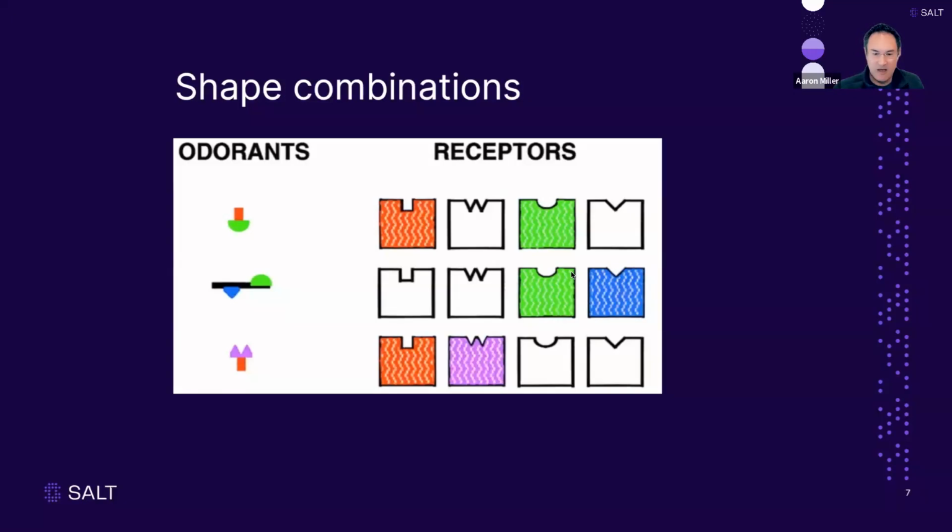So we generate a lot of these different shapes in our nose. We don't know exactly what we're going to smell, but the molecule that comes in fits in a certain way. And then that sends certain signals to our brain telling us that, oh, okay, this smells like a flower, or this smells like a spice, right?